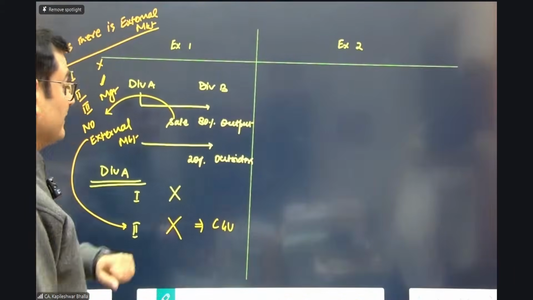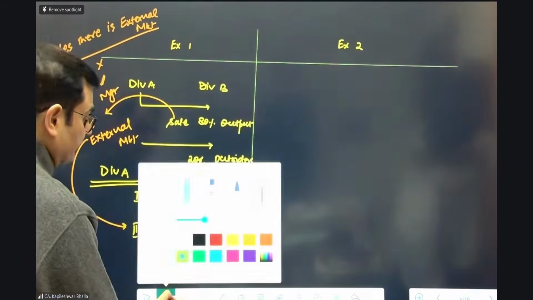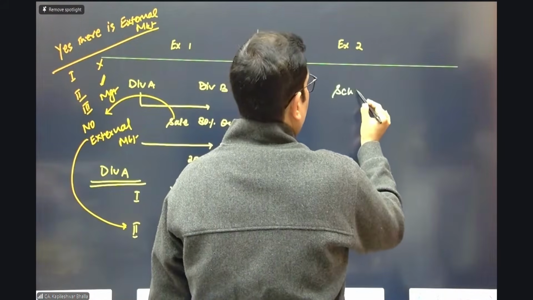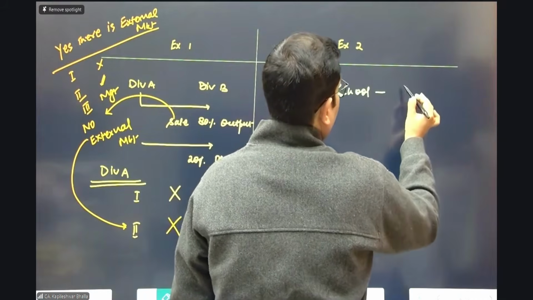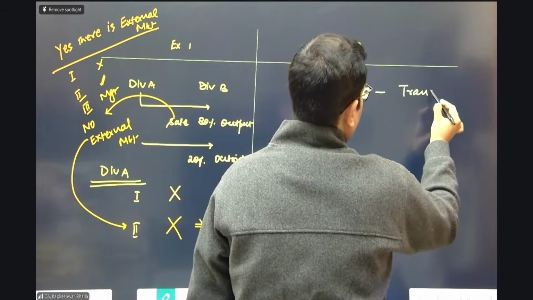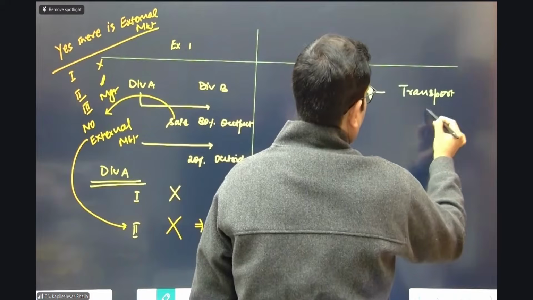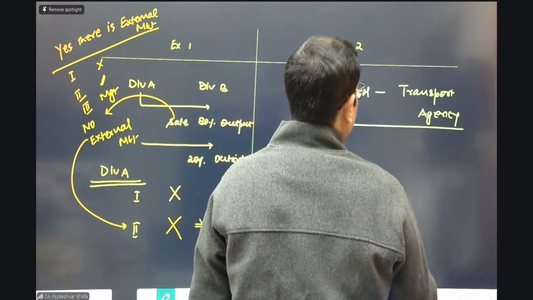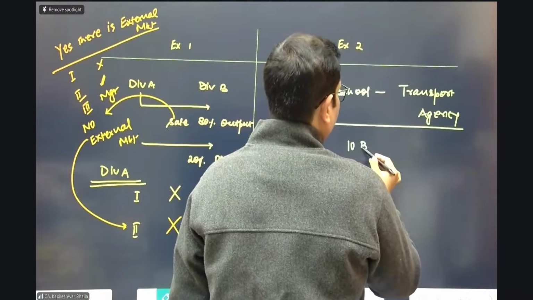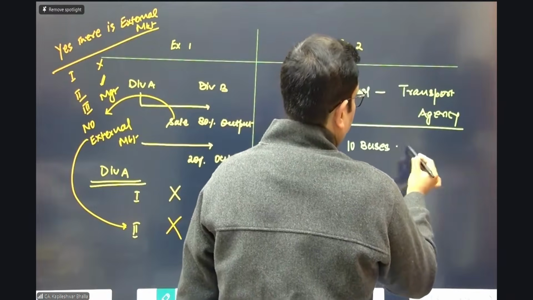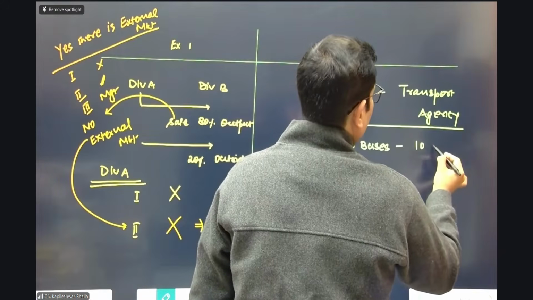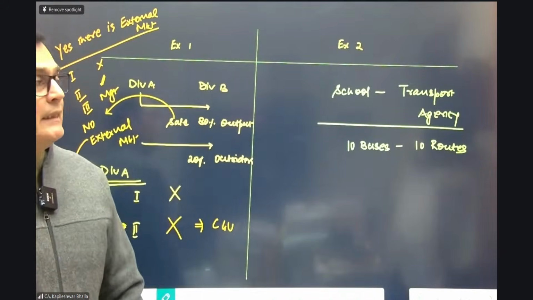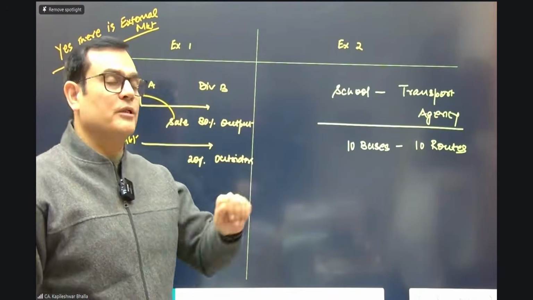Great. Let's take another example in this case. Let's say a school appoints a transport agency. That's also given in the standard. The agency is using 10 buses on 10 different routes under a contract from the school authorities.